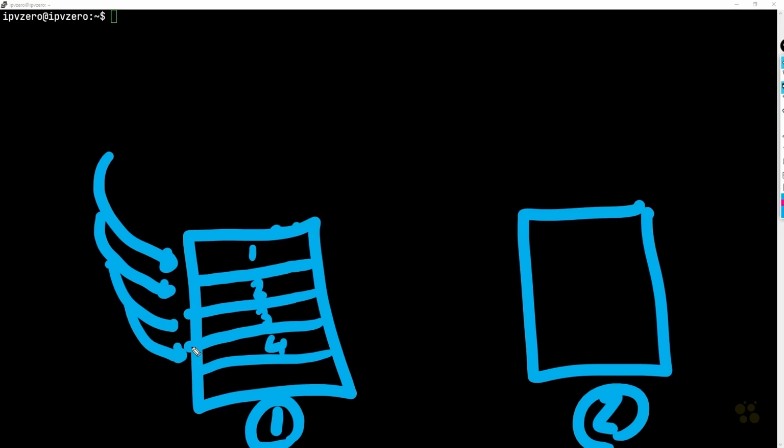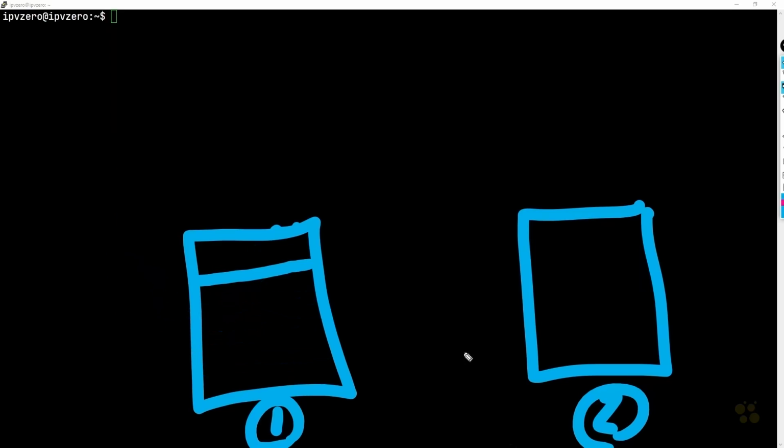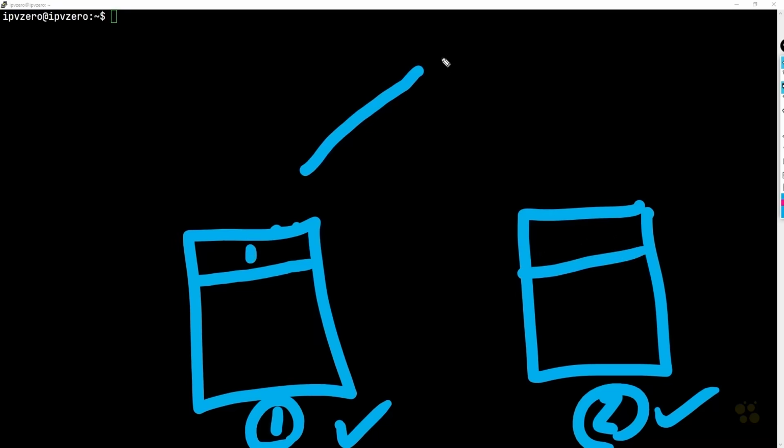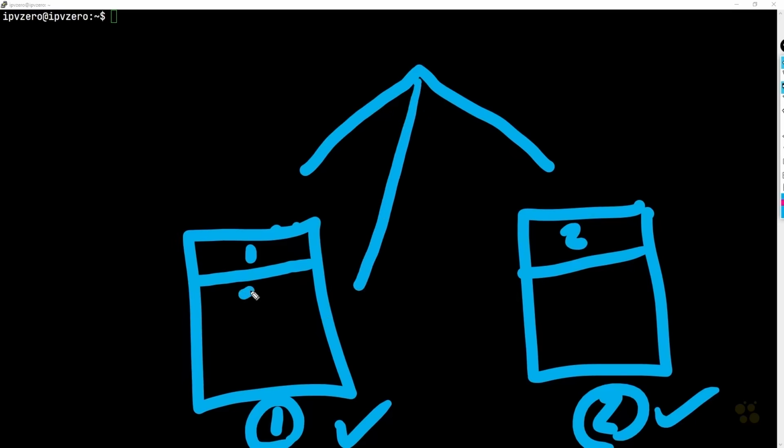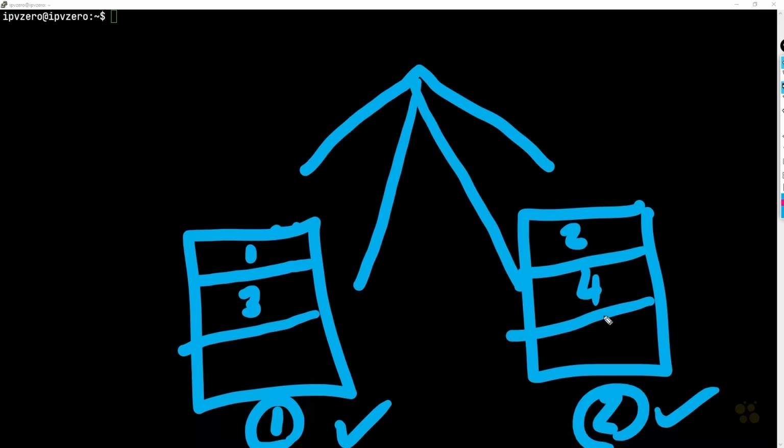Now, if we happen to invoke RAID 0, what would actually happen is we would utilize two different disks here. So what we could actually do is write the first part of data to this disk and write the second part to this disk, and then write the third to this, and then write the fourth to this. Now, ultimately what you're doing here is you are striping the data across different disks.